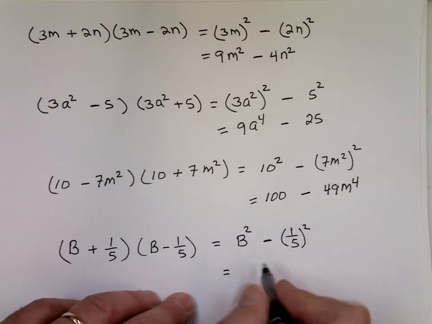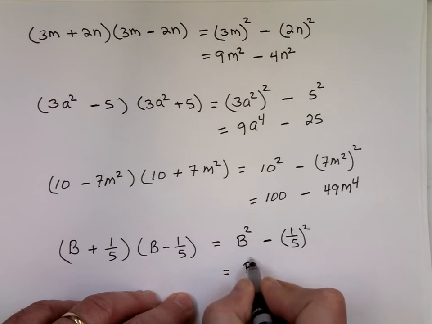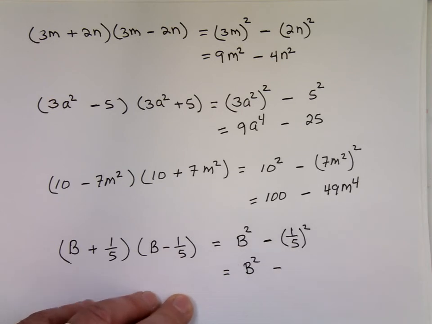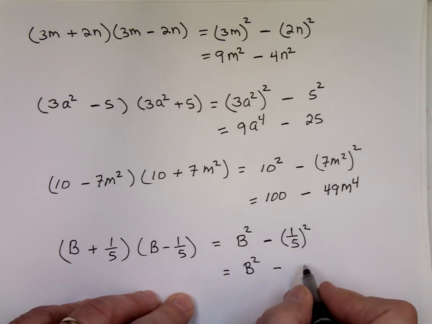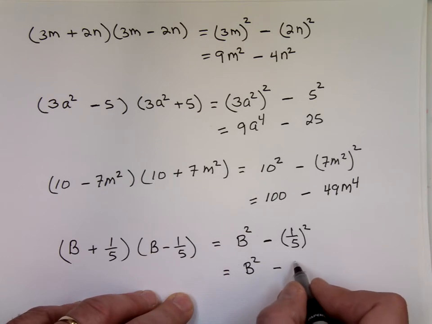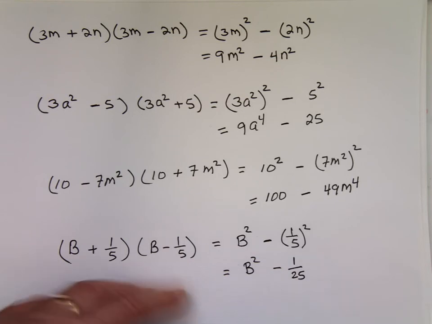B squared minus, what is 1/5 when you square it? What's a 1/5 times a 1/5? You're multiplying two fractions.